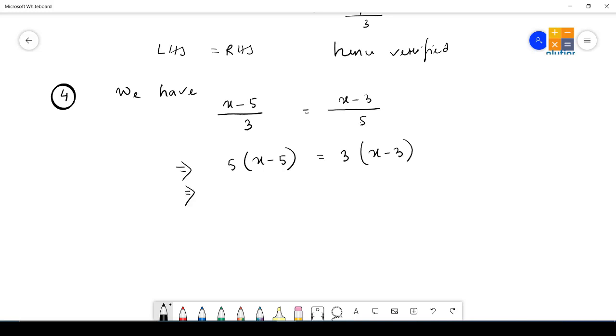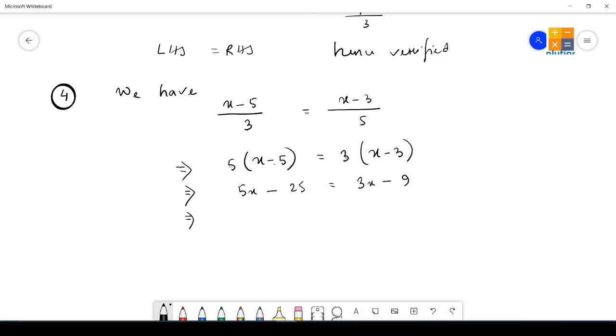So after partwise multiplication, 5 into x, the result comes as 5x followed by minus sign because minus is there. Then 5 into 5, the result comes as 25, that is equal to 3 into x, the result we get as thrice x followed by minus sign, 3 into 3, it is 9.